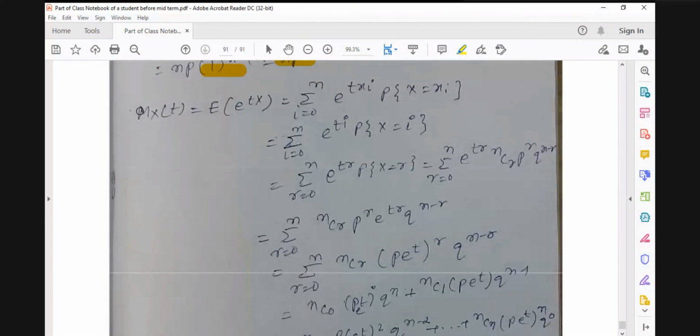Similarly, we can calculate the moment generating function for the binomial random variable. We know that the definition of the moment generating function is the expectation of e raised to power tx. Whenever we define this expectation, the random variable x is replaced by its value xi, because binomial is a discrete random variable ranging from 0 to n.